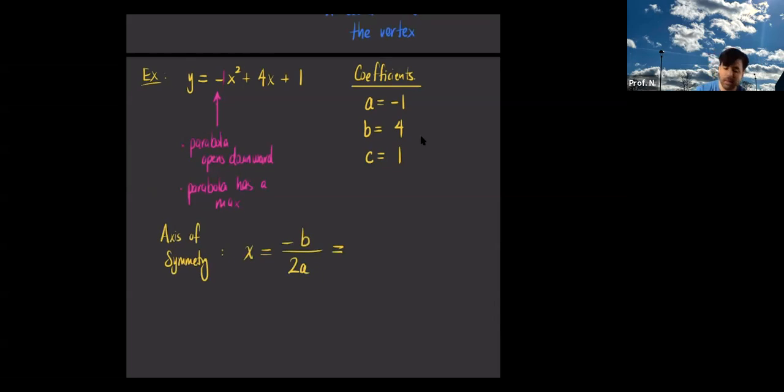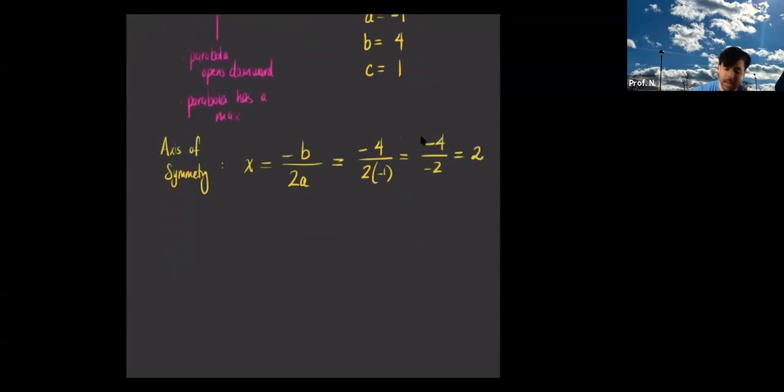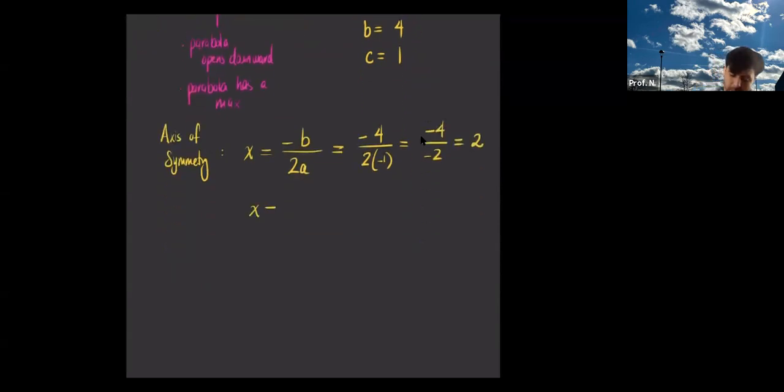So then what is x? Negative 4 divided by 2 times negative 1. I get negative 4 divided by negative 2, which equals 2. So what is my axis of symmetry? It's the line x equals 2. That's it. It's the vertical line x equals 2.